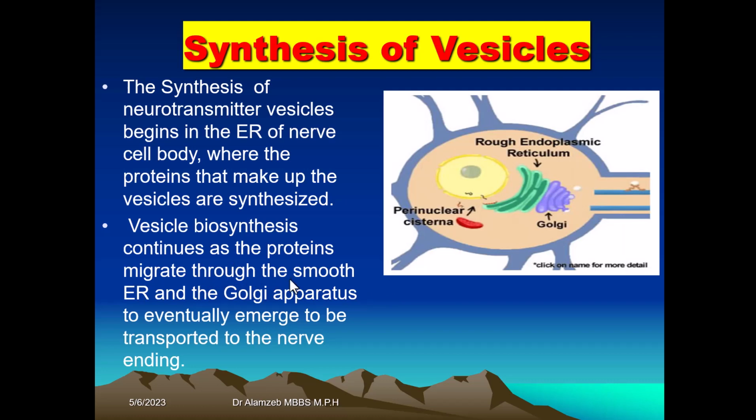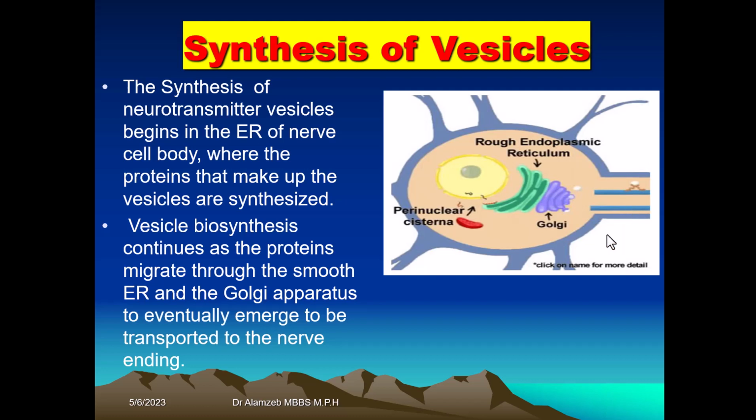Continuing, as the protein migrates through the smooth endoplasmic reticulum and the Golgi apparatus, it eventually emerges to be transported to the nerve ending. This is loaded to the transporter protein and ultimately it reaches the nerve ending.